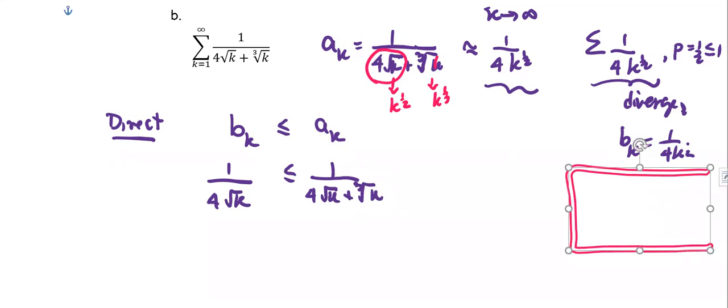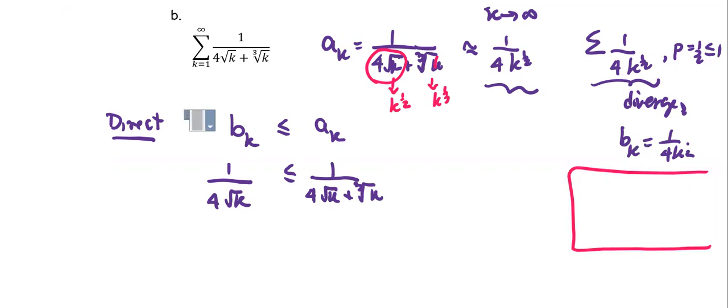We know that 4 square root k is less than or equal to 4 square root k plus the additional term.